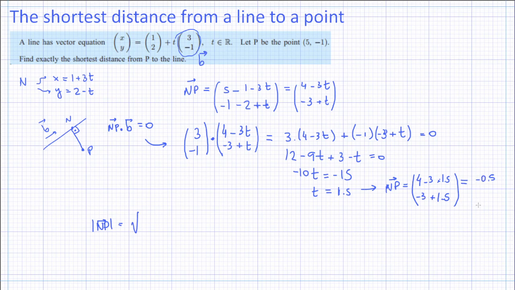And negative 3 plus 1.5 is negative 1.5. That's our vector. If we calculate the magnitude, it should be negative 0.5 squared plus negative 1.5 squared. And if we work down the numbers, we should get root 10 over 2, or approximately 1.58.